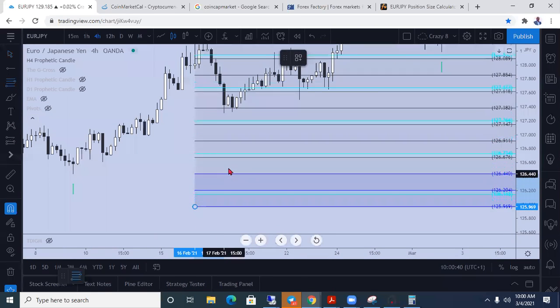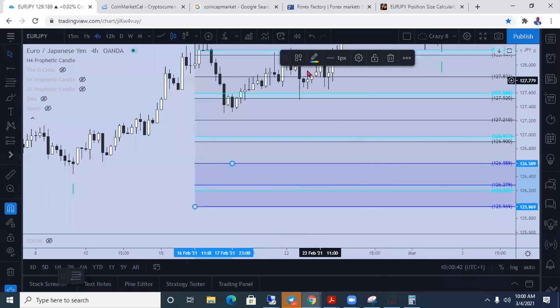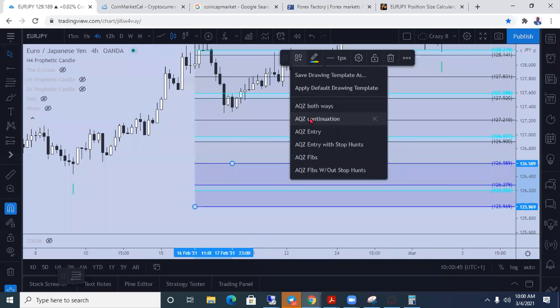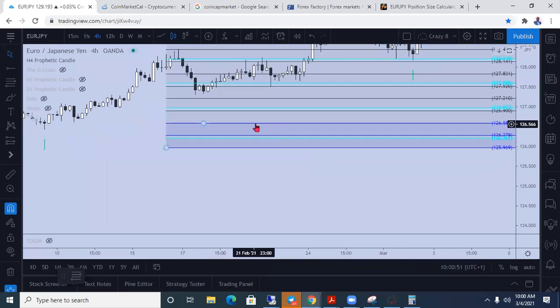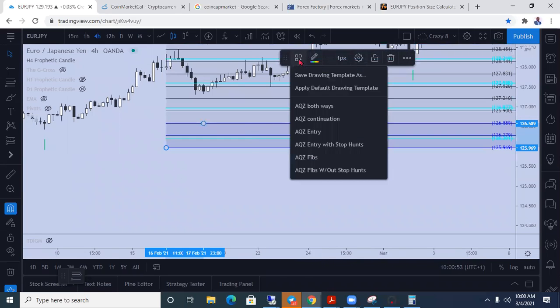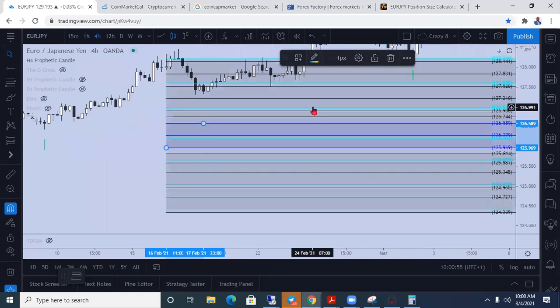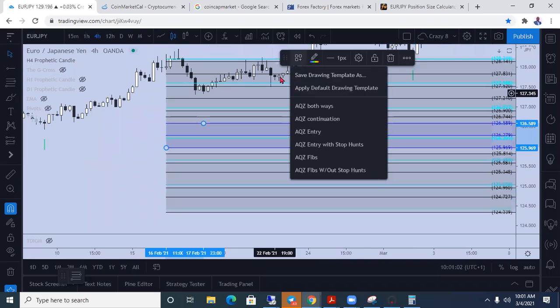So when you draw your fib like this, there is another one where we'll say fib AQZ both ways. So rather than flipping my fib when it invalidates, I simply turn on the AQZ both ways, and now I have both buy and sell. So if it invalidates, I go, right?